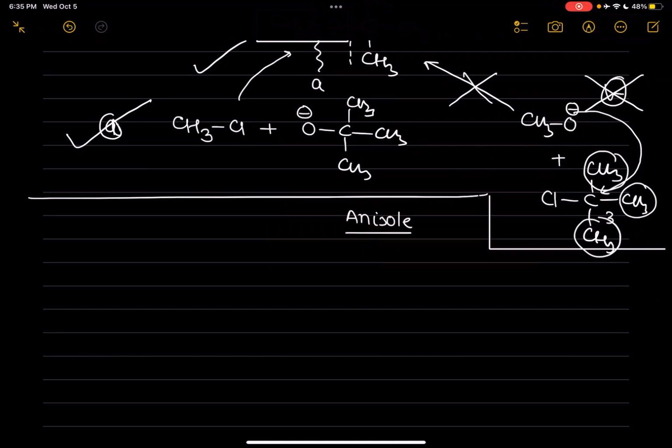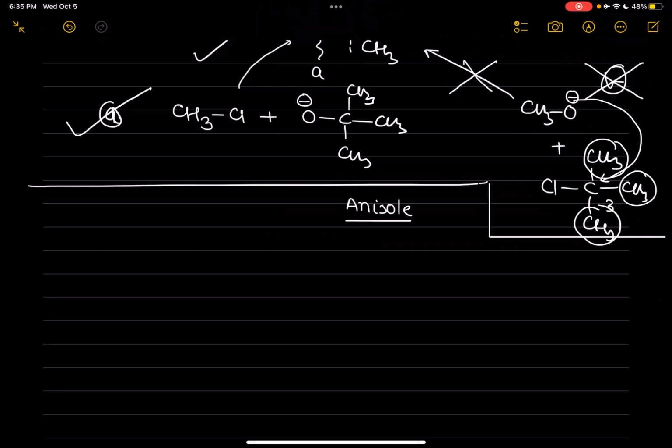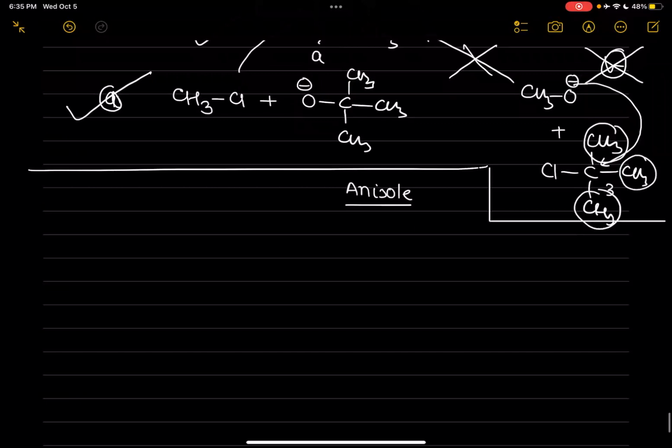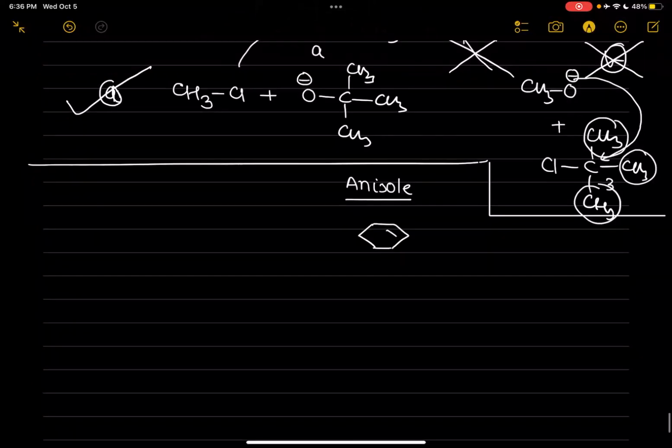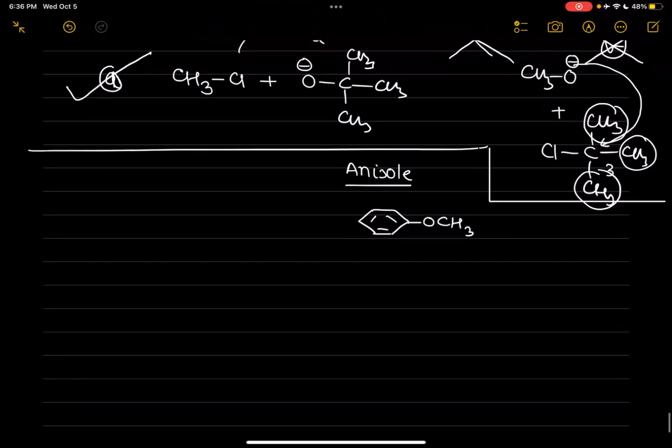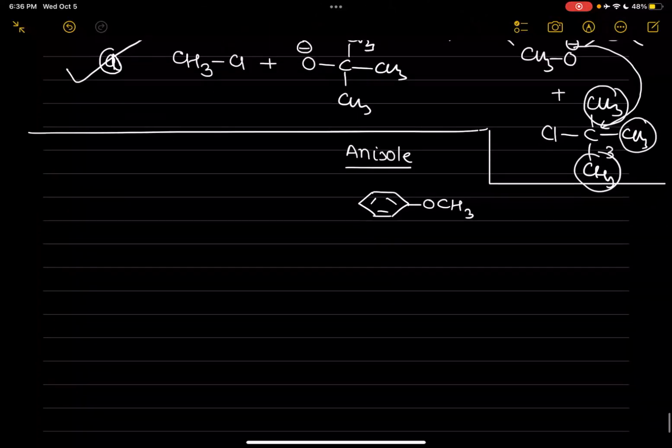Anisole is actually an aromatic ether. It is methoxybenzene. Clear? Okay, so methoxybenzene.